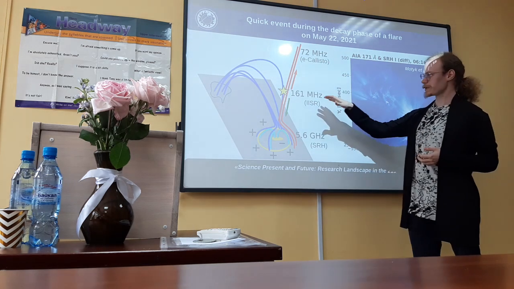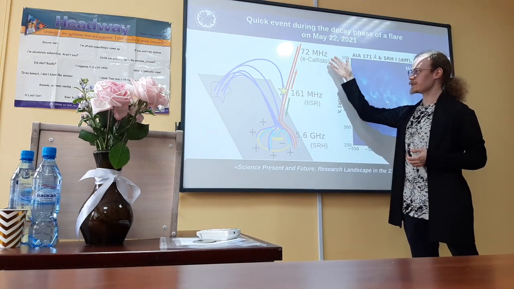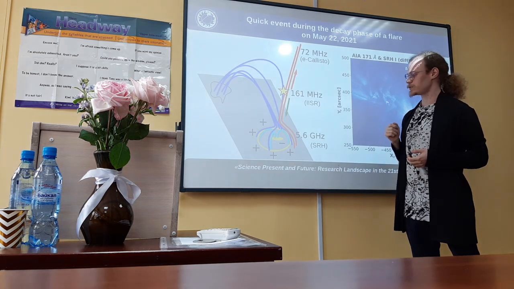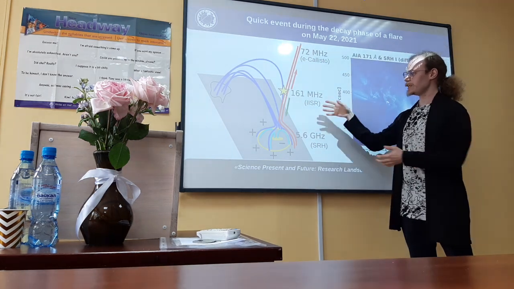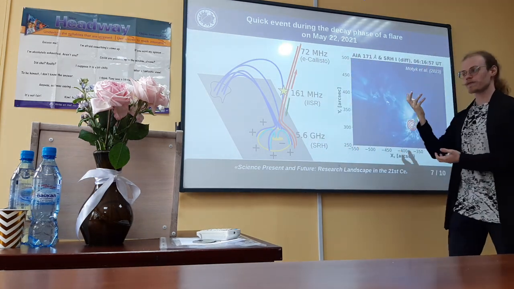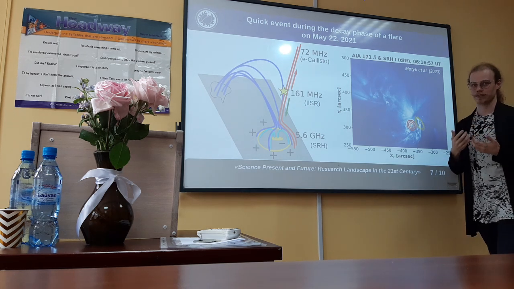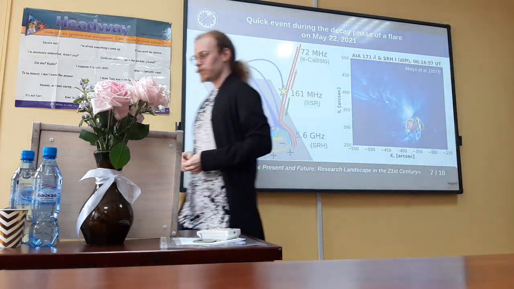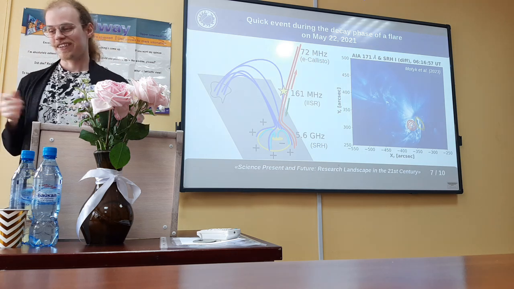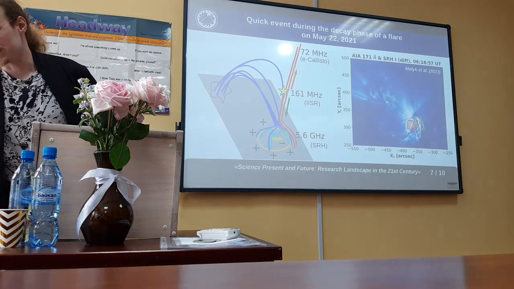And later on, with help of the other instruments in also microwave range, we reconstructed all the scenarios of this event and how it occurred. If you are interested in that, I can answer you a bit later.